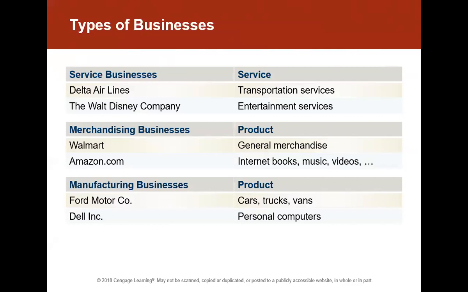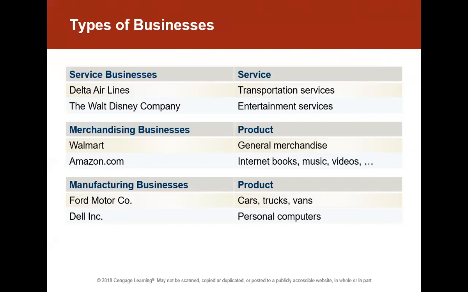A lot of times I like to make it a little easier and just say, well, what if I mowed lawns as a side job? Anything where we're not selling an actual tangible item, we're just providing a service to the customer. So the accounting for that is going to be pretty straightforward and easier. So that's why we're going to focus more on that as we learn the accounting cycle.